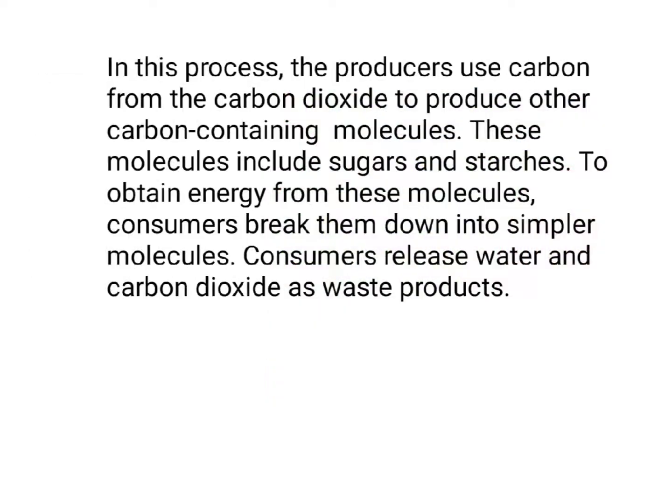In this process, the producers use carbon from the carbon dioxide to produce other carbon-containing molecules. These molecules include sugars and starch. To obtain energy from these molecules, consumers break them down into simpler molecules. Consumers release water and carbon dioxide as a waste product.